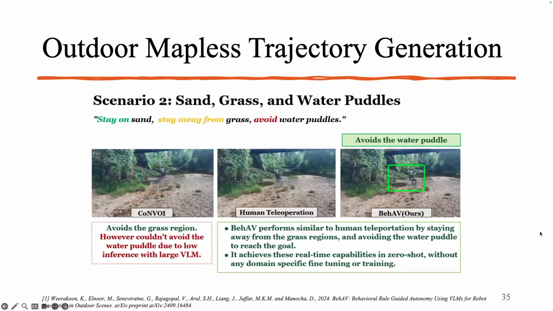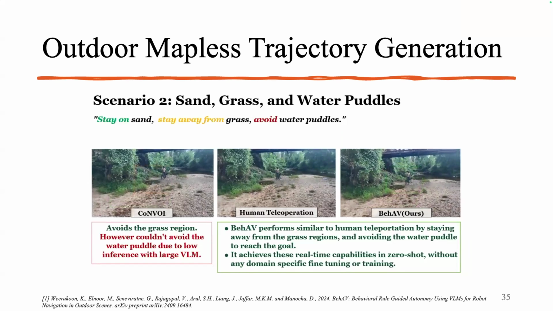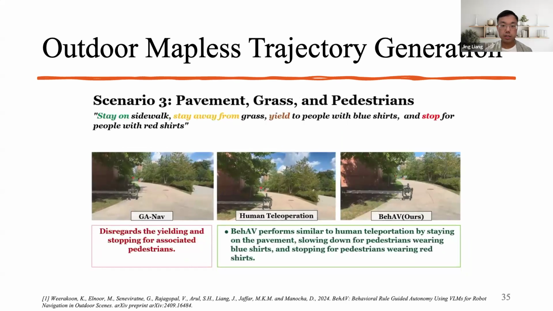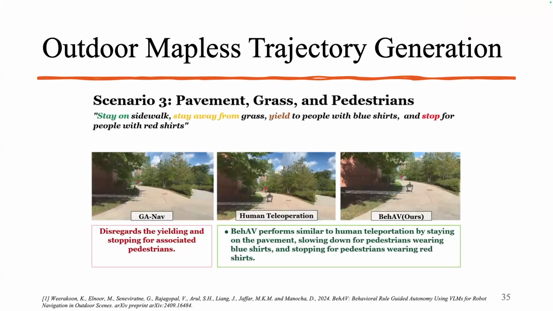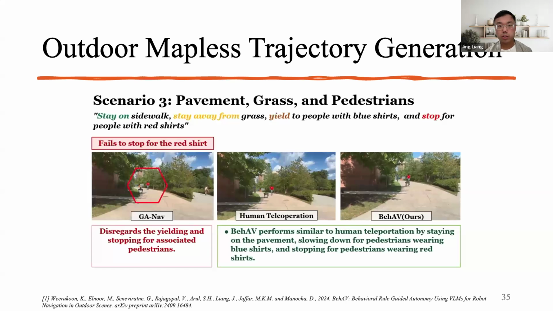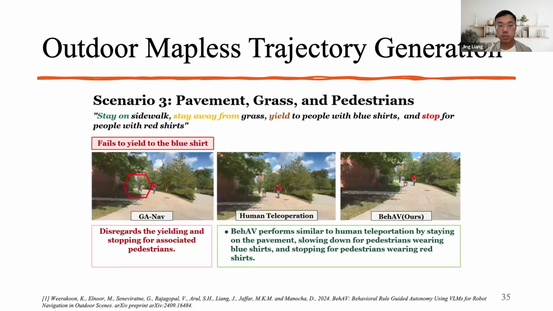Just a quick question. My understanding is that in this framework you employ the VLM, right? Yeah. Did you deploy the VLM on board? Yeah, it's actually really slow. Sometimes it takes like 10 seconds to provide some waypoints.